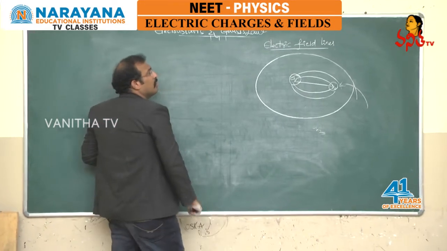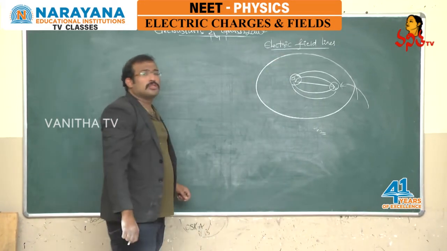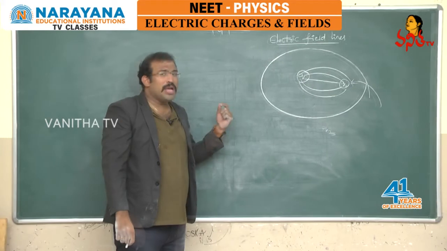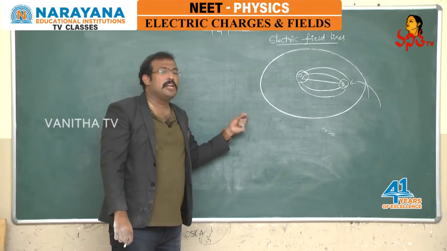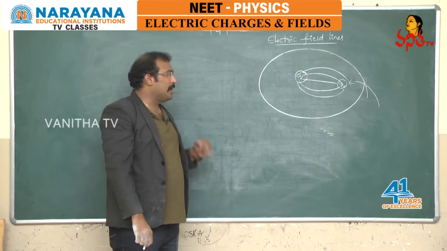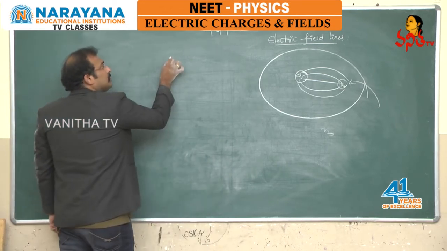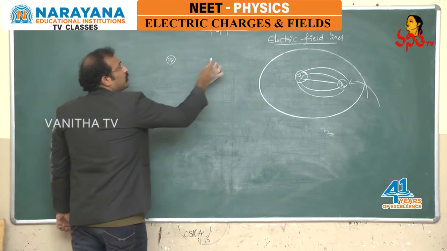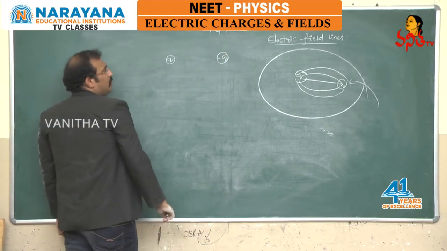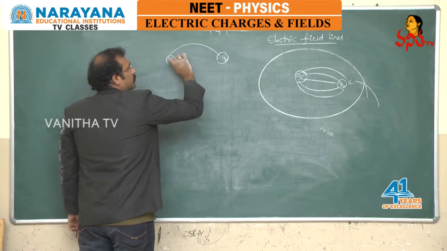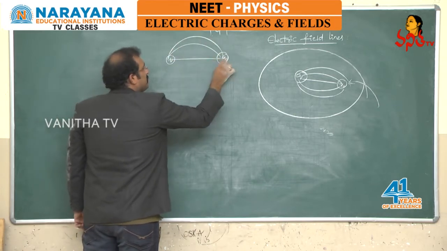First, the electric field lines are those imaginary lines where the tangent drawn at any point on the line gives the direction of field at that point. For example, if I draw field lines for a positive charge and a negative charge, I am drawing the field lines like this.